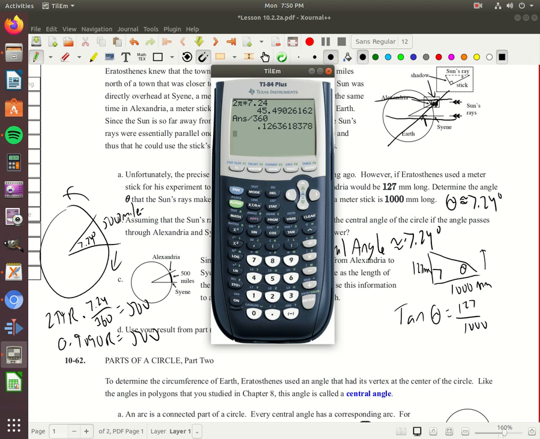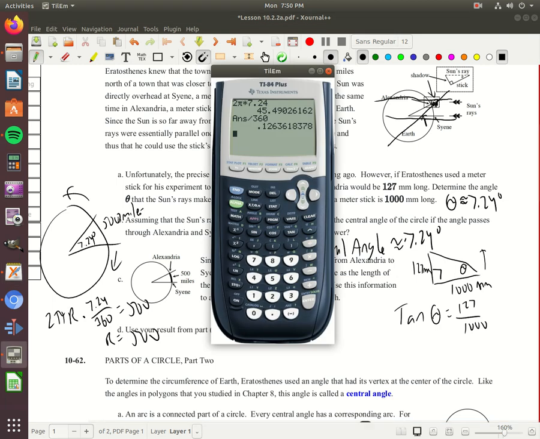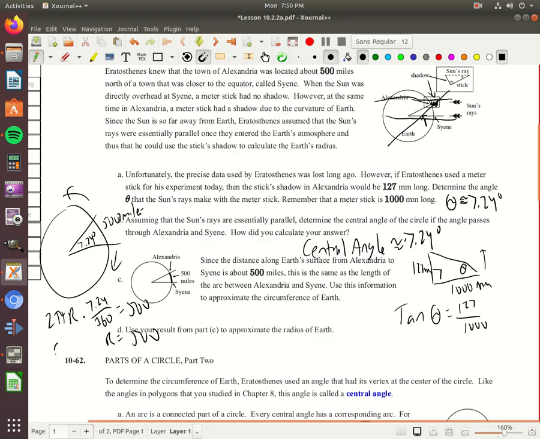See, I think I did something wrong. I had the right formula written down here, but I had the wrong answer. So I think I am on the right track this time. If you go back and look, you can see what I screwed up when I punched that in. I just punched it in incorrectly.